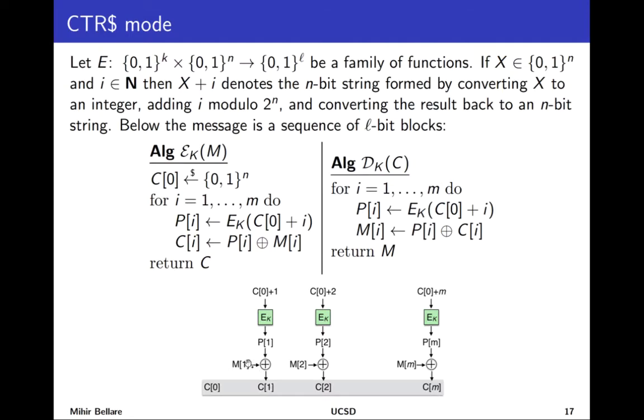So in particular, the message is not involved in inputs to E. It only occurs over here. The ciphertext includes not just all of these, but also C0, because otherwise it wouldn't be possible to decrypt. Okay, and then here's the code. So the loop simply goes through constructing all of these objects.